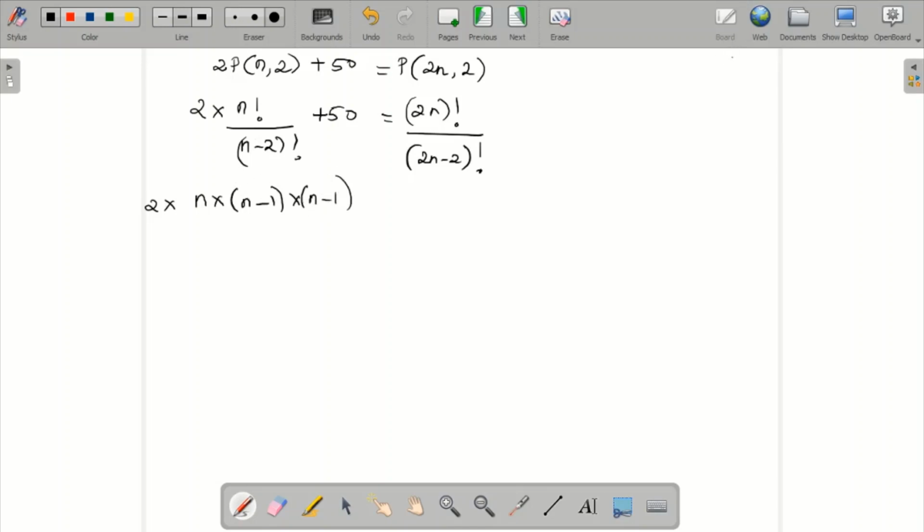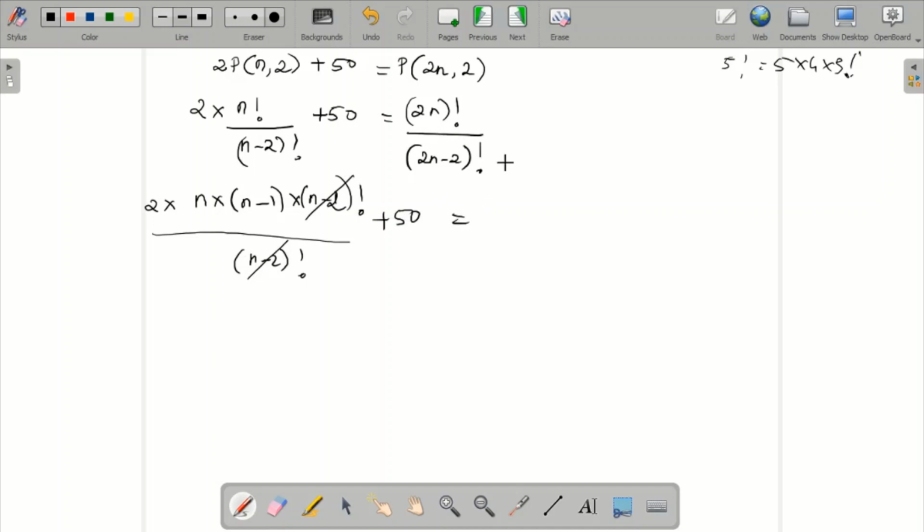Like for example, 5 factorial is 5 into 4 into 3 factorial. Same way here I wrote n into n minus 1, divided by (n minus 2) factorial, plus 50 is separate, and this gets cancelled.